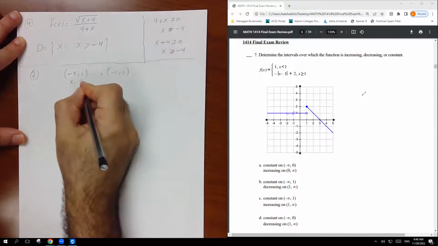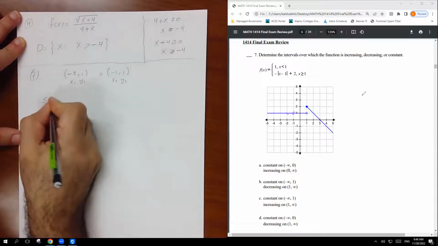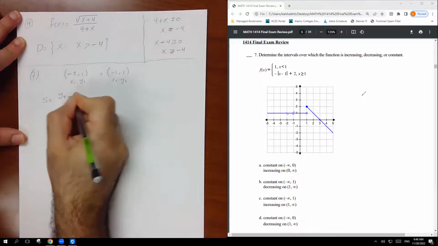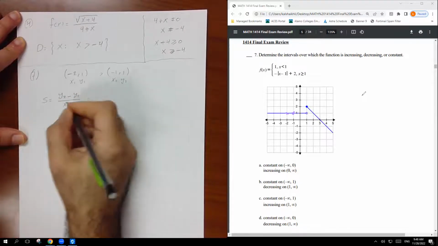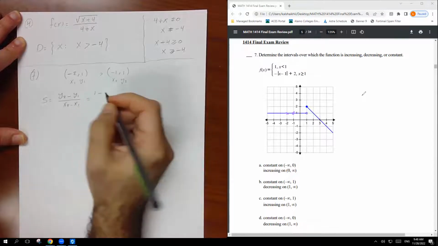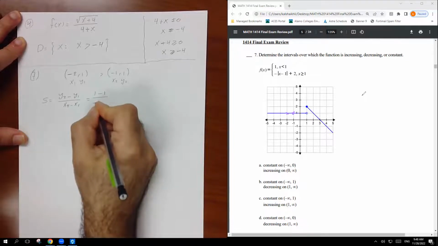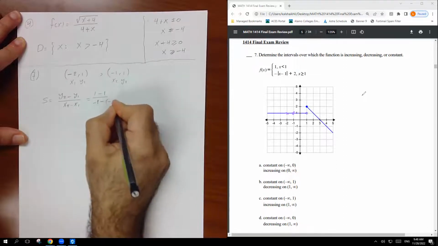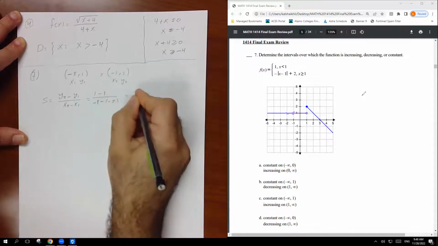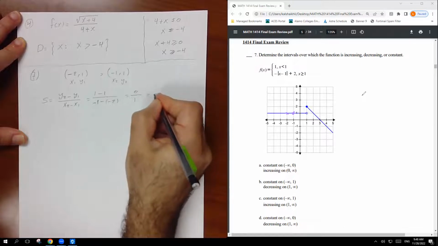So x1, y1, x2, y2. Find the slope, which is y2 minus y1 over x2 minus x1. So it's going to be y2, which is 1, minus y1, which is 1, divided by x2, which is -1, minus x1, which is -2. So it's going to be 0 divided by -1 plus 2, which is 1, so the slope is 0.